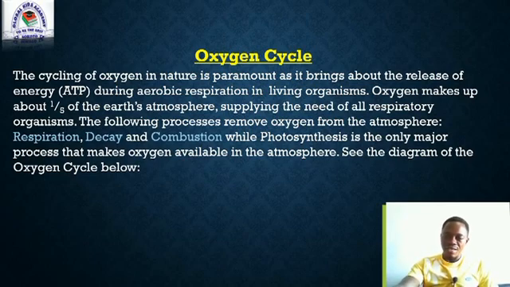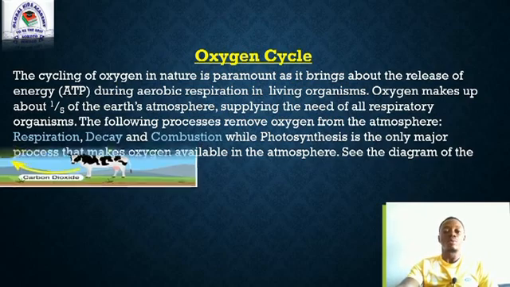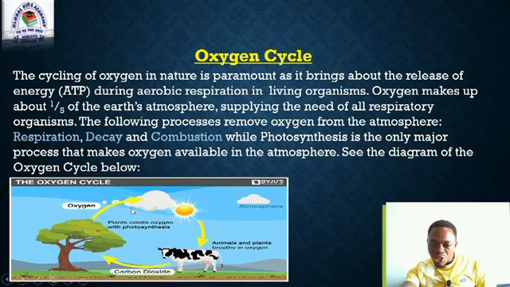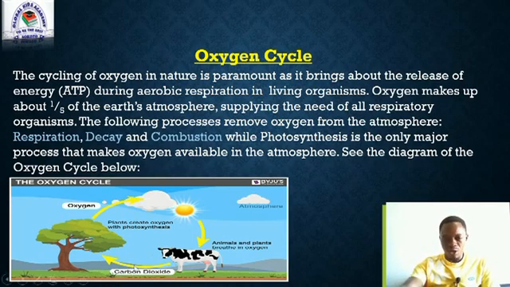Let's see the diagram of the oxygen cycle below. In a well simplified and very beautiful diagram, you can see that the atmosphere is a reservoir of oxygen. Look at the arrow indicating that plants are sending oxygen into the atmosphere. Plants create oxygen with photosynthesis. So what makes oxygen available in the atmosphere is the process of photosynthesis.